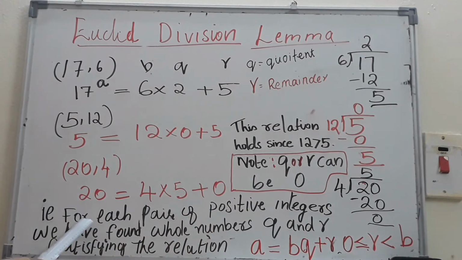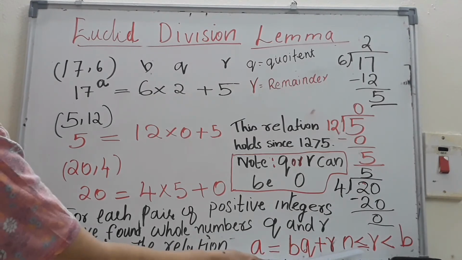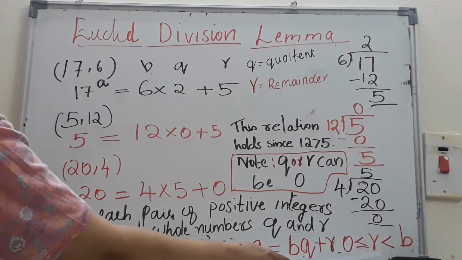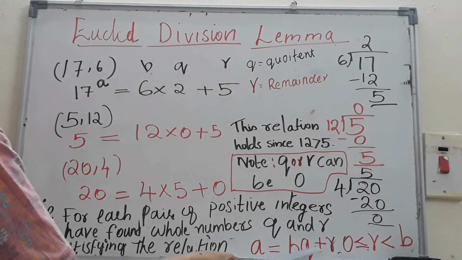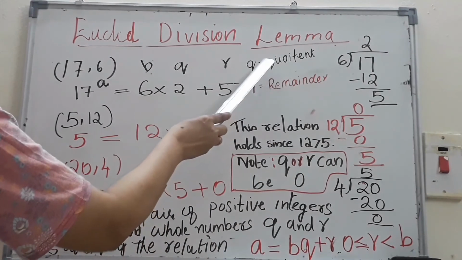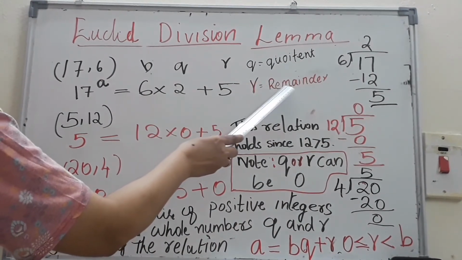That is, for each pair of positive integers, we have found whole numbers q and r satisfying the relation a is equal to bq plus r, 0 less than or equal to r less than b. What is q here? q is the quotient and r is the remainder.